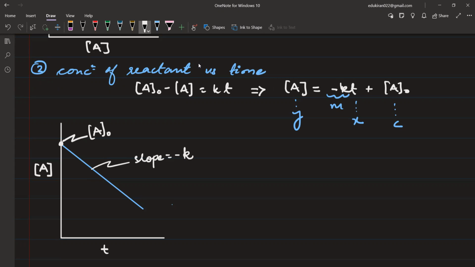Both of these things are very important. You will get direct questions where they will just give you the graph and ask you what is the order of reaction, what is its slope. So please write this down.